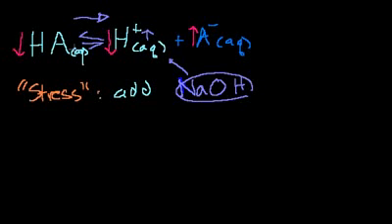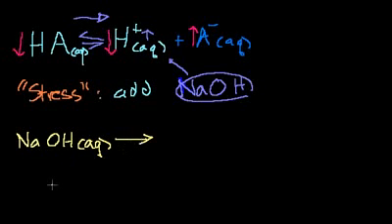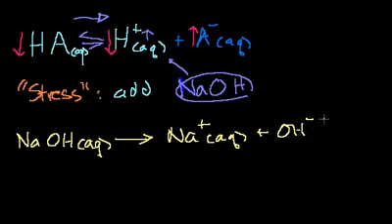So if you think about what's happening, if I just threw this sodium hydroxide in water, so if I just did NaOH in an aqueous solution, so that's just throwing it in water, that dissociates completely into the sodium cation and hydroxide anion.